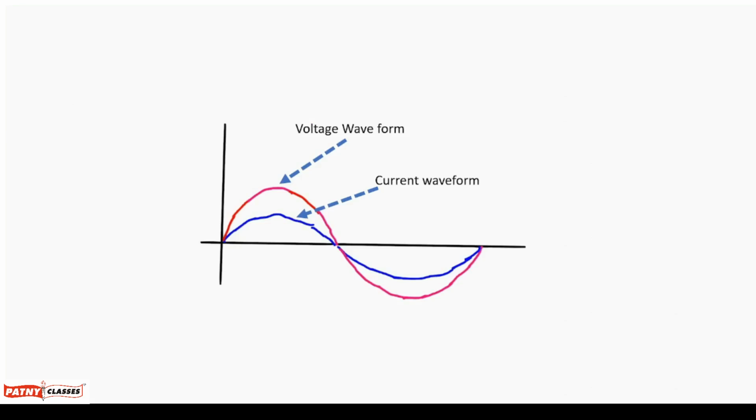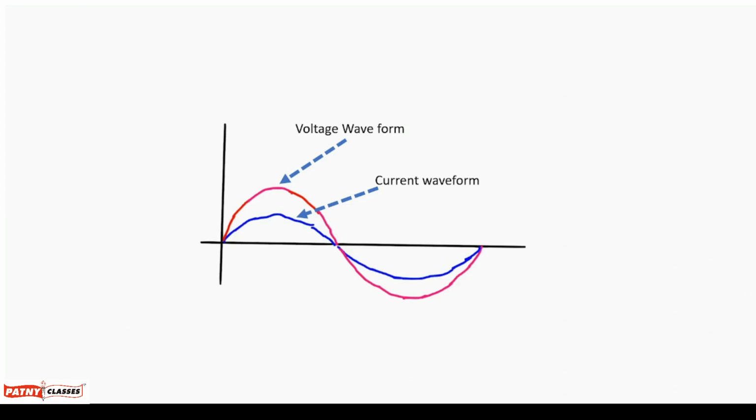Here I have two diagrams. They are sinusoidal diagrams called waveforms. One is for voltage, another for current. The diagram corresponding to voltage is called the voltage waveform and the diagram corresponding to current is called the current waveform.